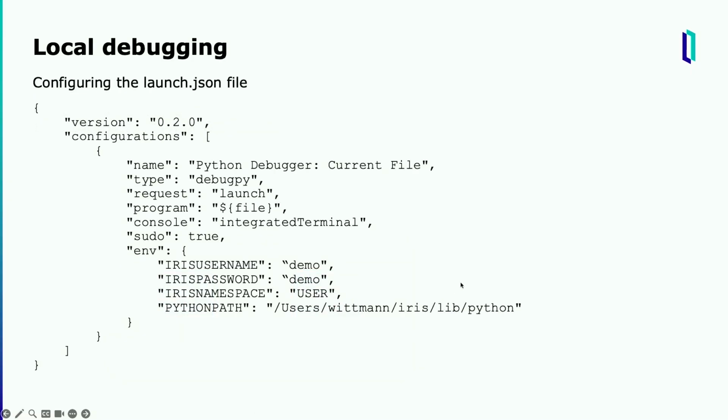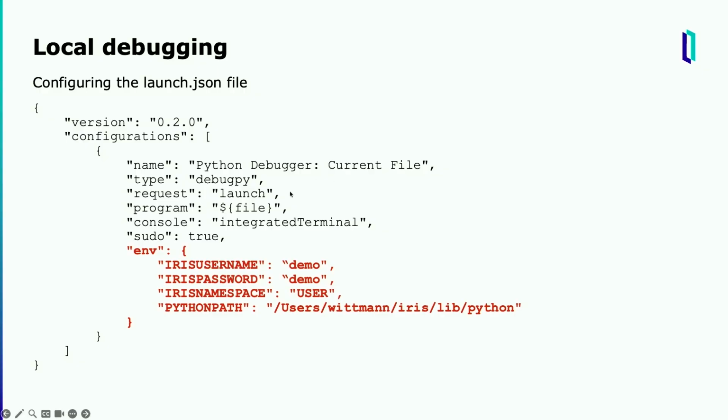And you will need what's called a launch.json file to configure your debugger for those scenarios. And going fast forward here, everything that's non-red is the standard configuration of debugging any Python file.